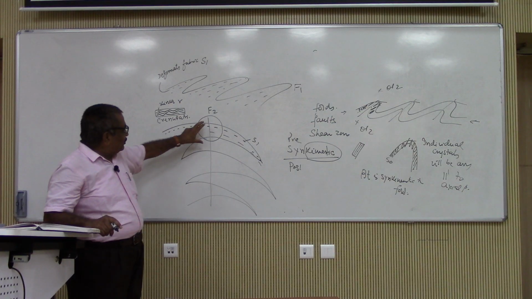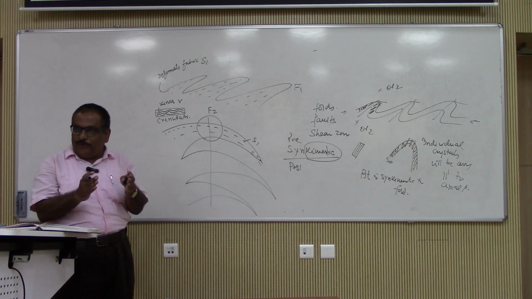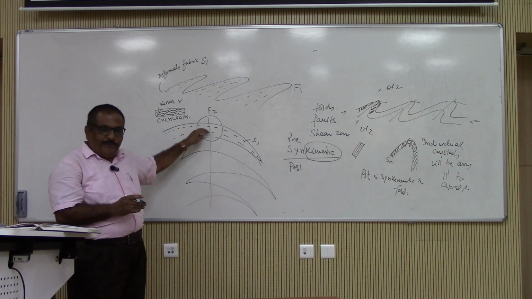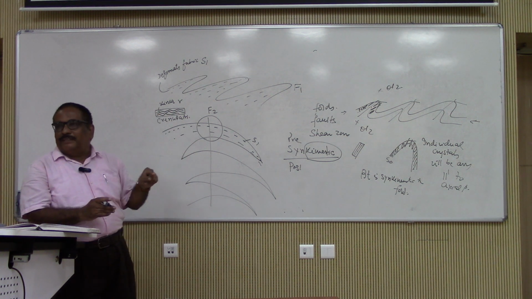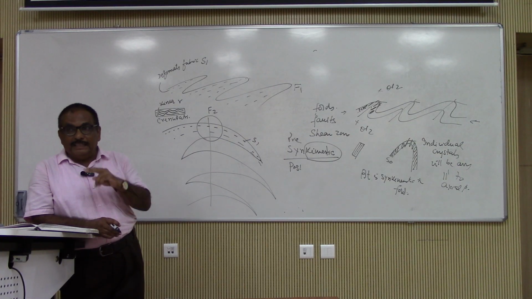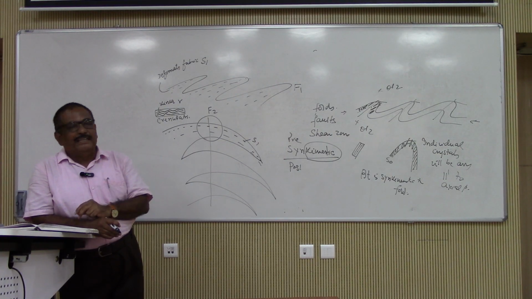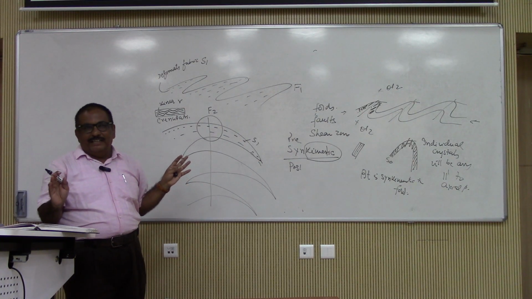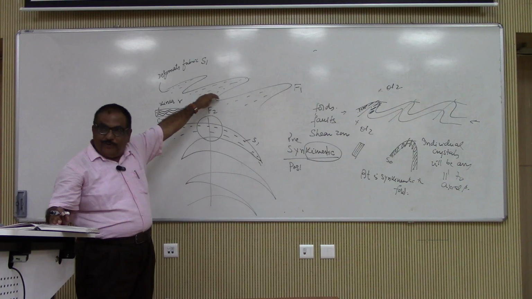So with respect to this F2 fold, जो बाद में जो fold हुआ, with respect to that fold, this biotite is pre-kinematic. मेरा बात समझा? ये synkinematic नहीं है. But this biotite, जिसमें kink नहीं था, that is synkinematic to this fold.